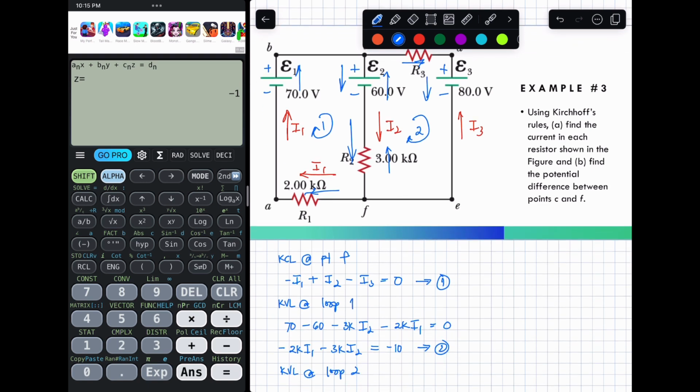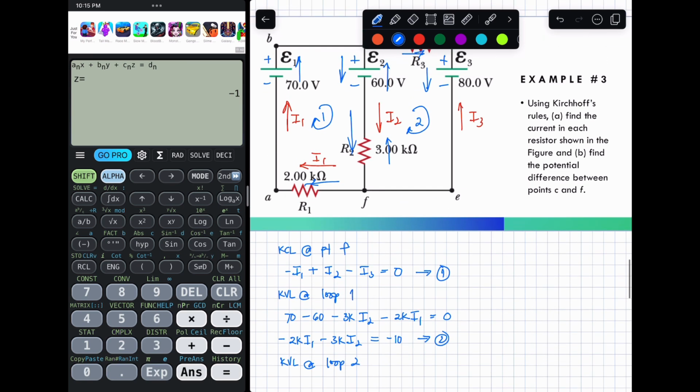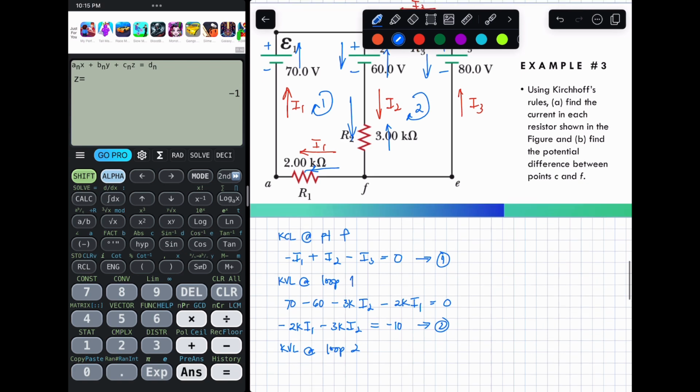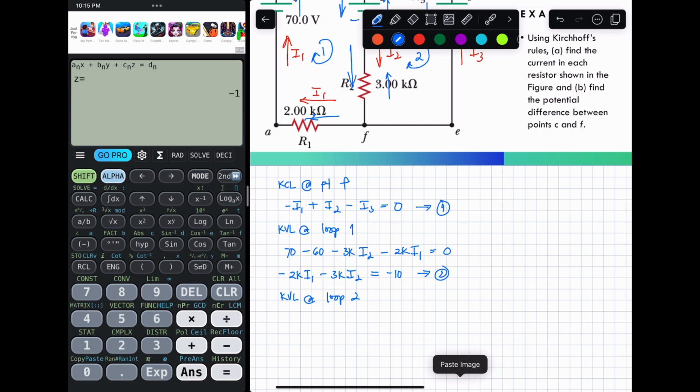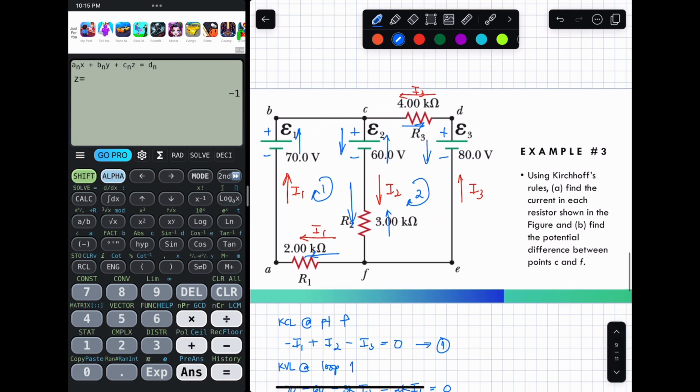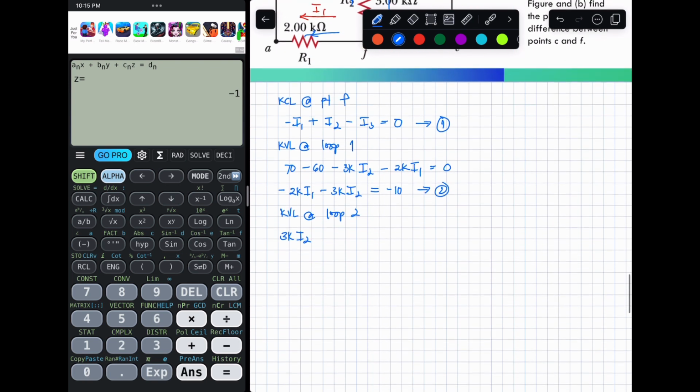The direction of my loop is opposite I2, so that would become positive 3K I2. Then it enters the negative terminal of the 60 volts and exits at the positive terminal, so that makes it plus 60.